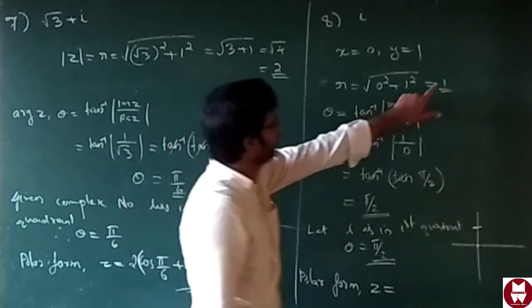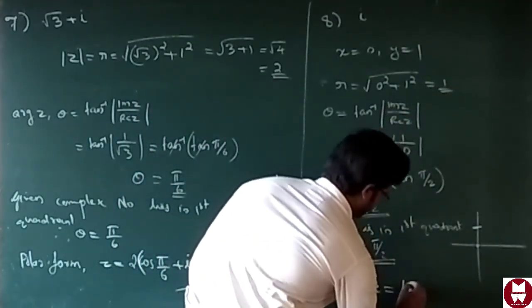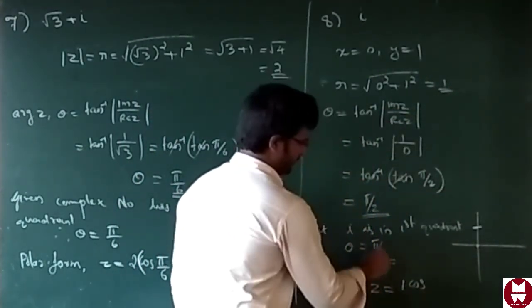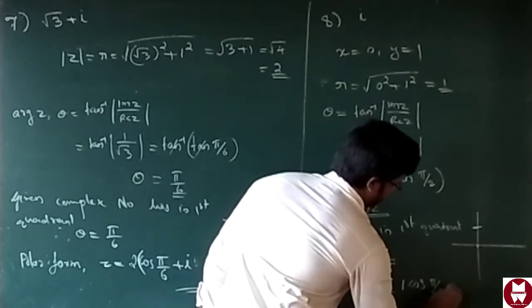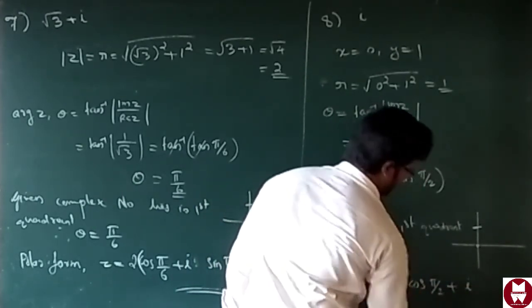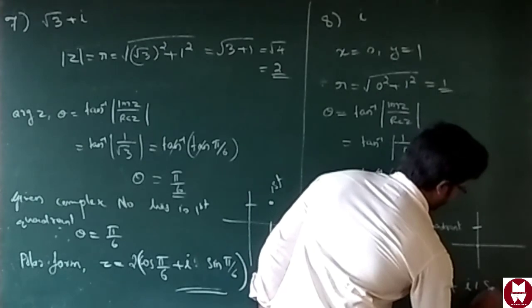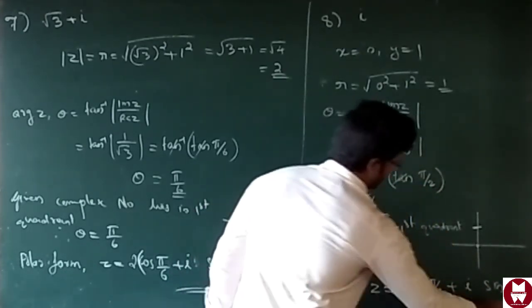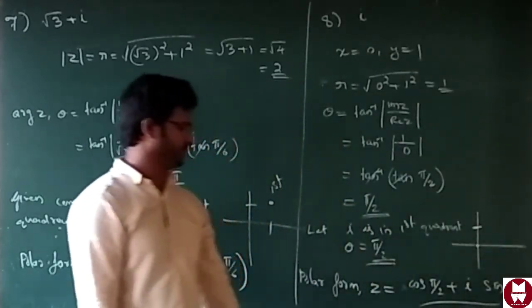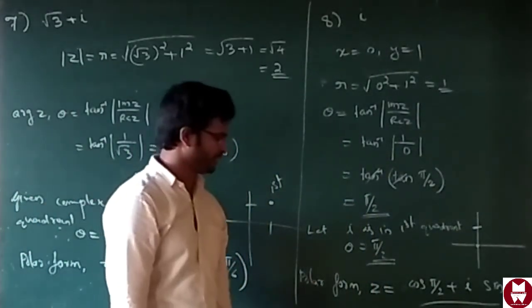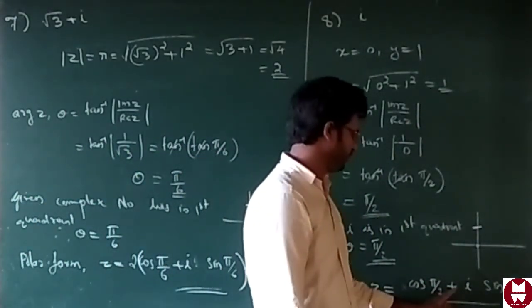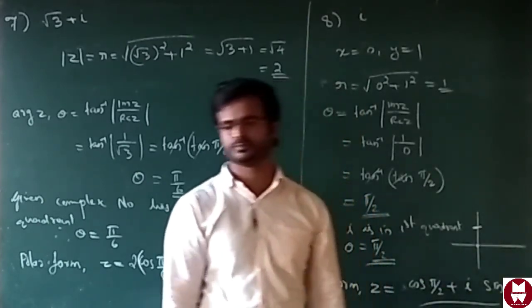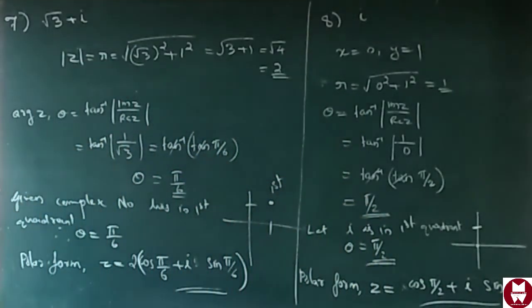R here is 1. 1 cos theta is pi by 2, plus i r sin theta. Theta means pi by 2. This 1, no need to write. Then our required polar form is cos pi by 2 plus i sin pi by 2. Just pause the video or write it down in your notebook.